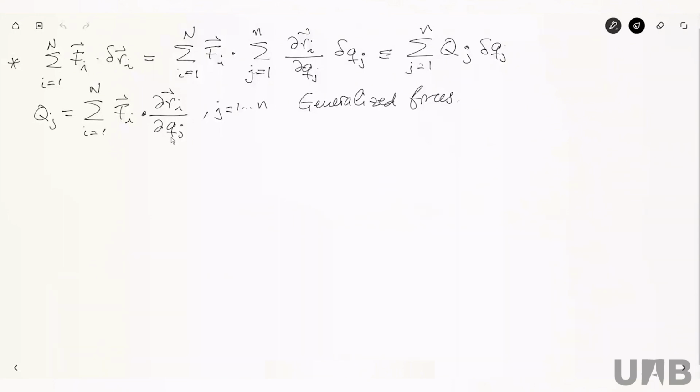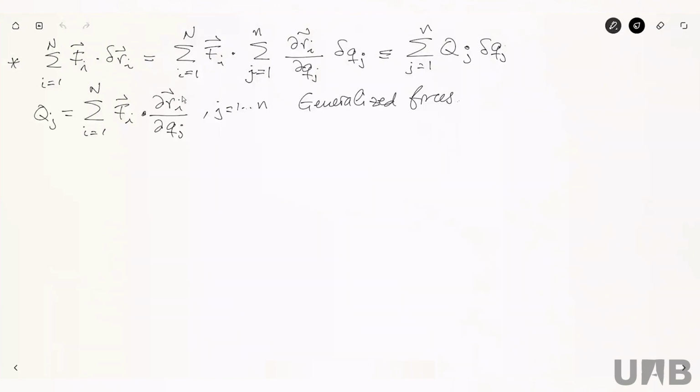If the R's and the Q's were the same, which means that there are no constraints, then they would coincide. But the generalized forces get completely distorted by the fact that there are constraints. So I cannot give you an intuitive picture of what the generalized forces are without having an intuitive picture of what constraints you have in your system. Okay, I understand.